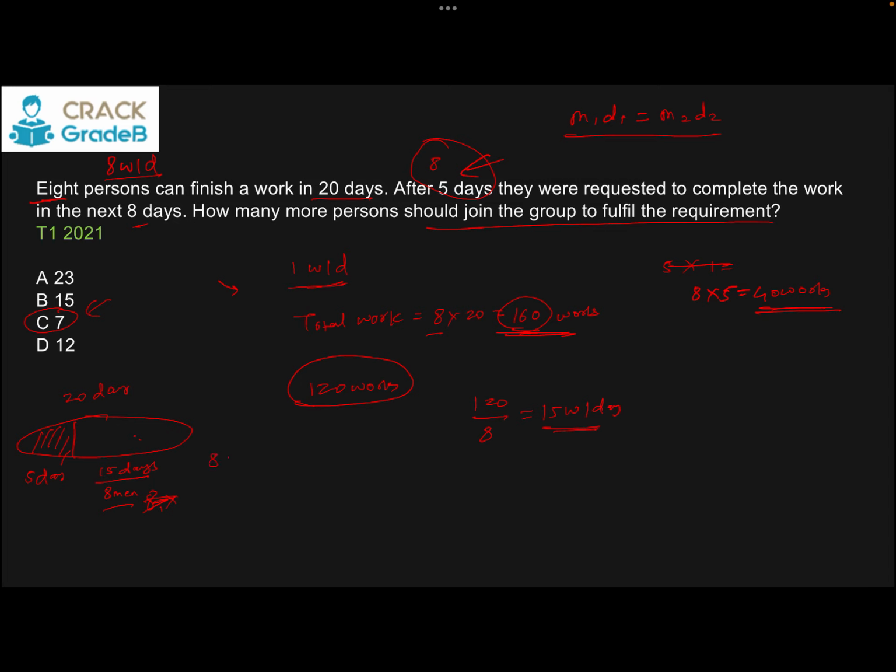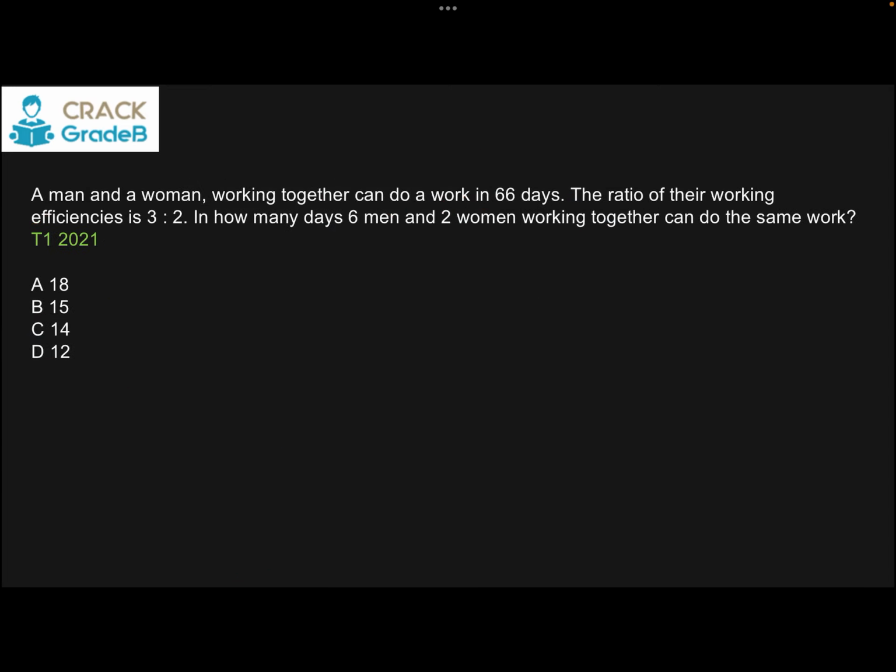But we have to now complete only the remaining work in only 8 days. So how many men will be required? M1 into D1 is equal to M2 into D2. 8 gets cancelled. So M2 is 15. That means 15 men are required to complete the remaining work. But we have only 8 men already. So how many more should join? 7 more people should join the group.